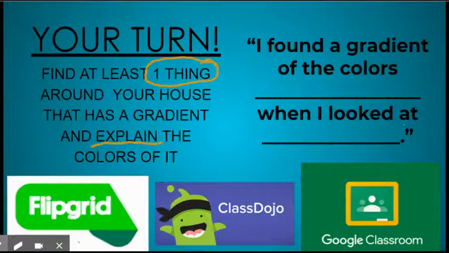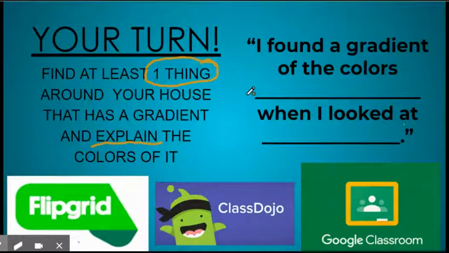Let's pretend that Miss Quinones finds a flower outside that has a gradient with the colors white, orange, and red. I might say something like, I found a gradient of the colors white, orange, and red when I looked at this bright flower. Okay, scholars, so this sentence right here is meant to help you.